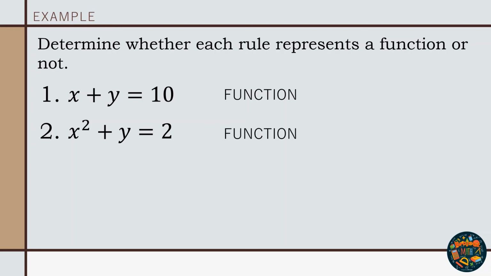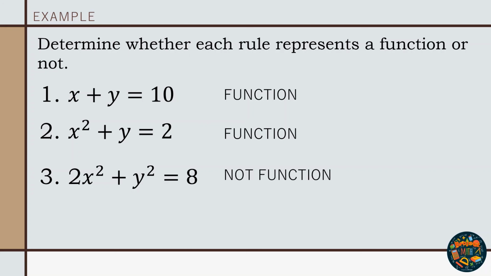It is correct. Then number 3, 2x squared plus y squared is equal to 8. The answer is not a function. And for number 4, x plus y squared is equal to 5. The answer is not a function.